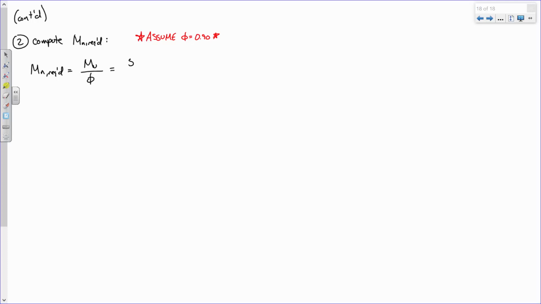So this is 5.125 foot kips over 0.9. And because I'm going to throw this into a design expression, and that design expression is going to have a bunch of KSIs and inches and things like that, I'm going to go ahead and convert this by saying 12 inches per foot so that my answer comes out in inch kips.